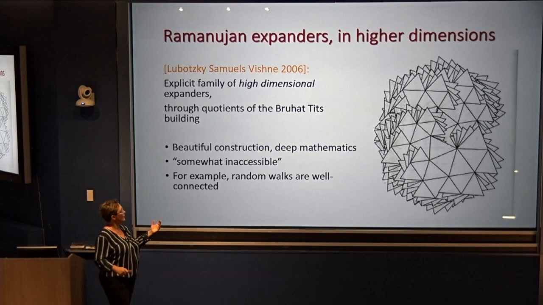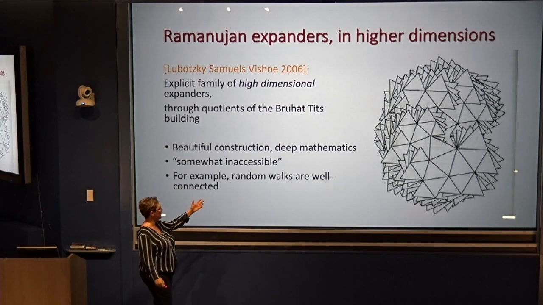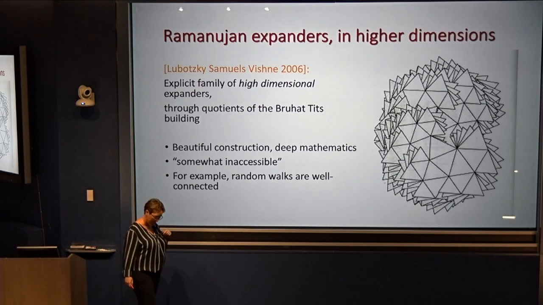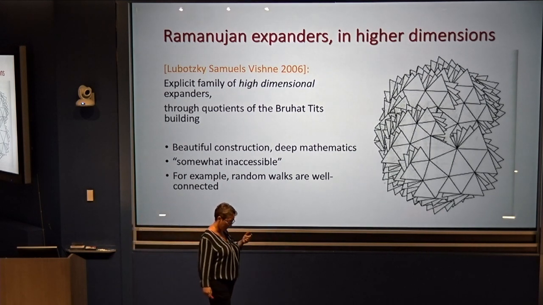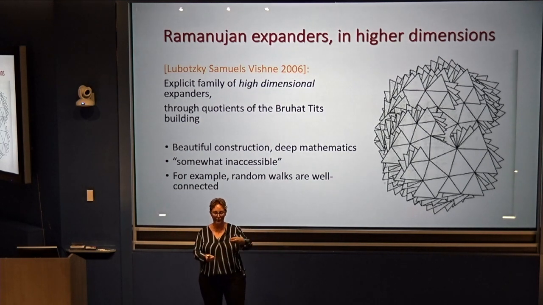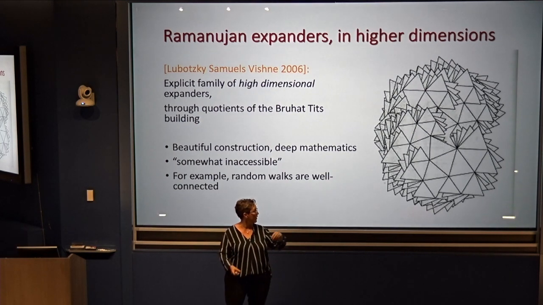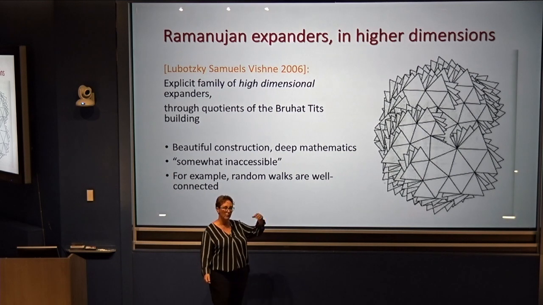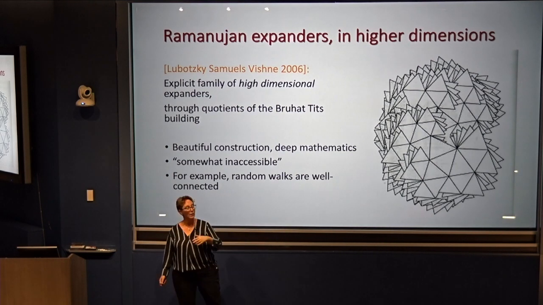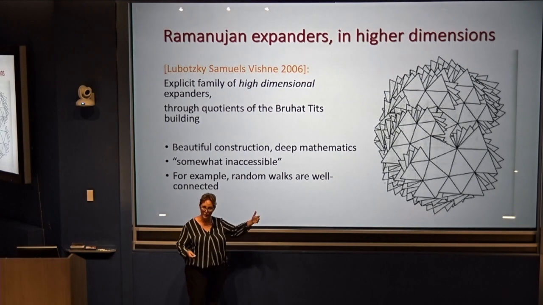But here is one thing that you can already see that works very well on this object, and this is random walks. Instead of graphs, now we also have triangles, so we can talk about random walks, not only that go from vertex to an edge to a vertex to an edge, we can go from a triangle to an edge to a triangle, or from an edge to a triangle to an edge. So there are higher dimensional random walks.